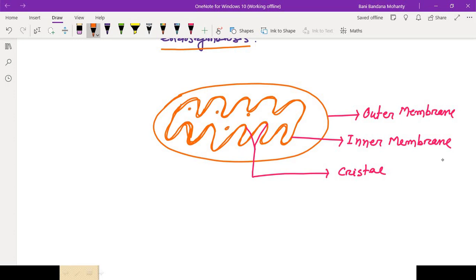They are circular in structure. These are mitochondrial DNA. I'm writing it mtDNA. Never confuse it with chloroplast DNA, that is cpDNA. Just remember it. And this one is the intermembrane space, that is the space in between the two membranes.